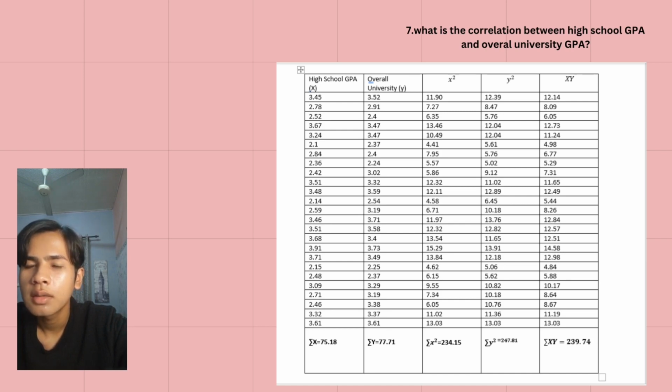The total of x squared is 234.115, and the total of y squared is 247.81. The last one is the total of x and y, which is 239.74.